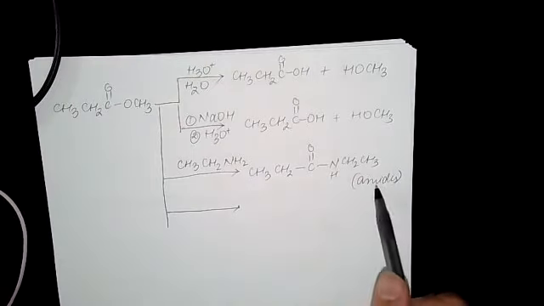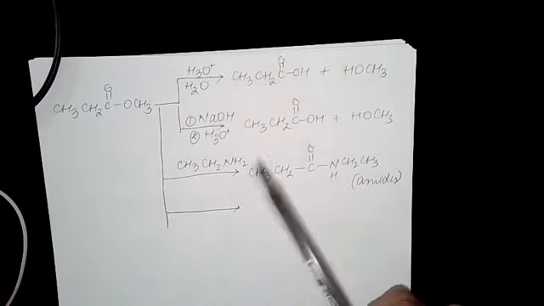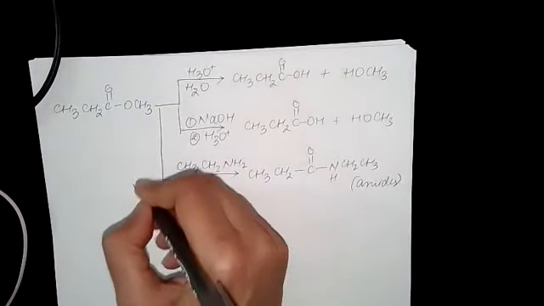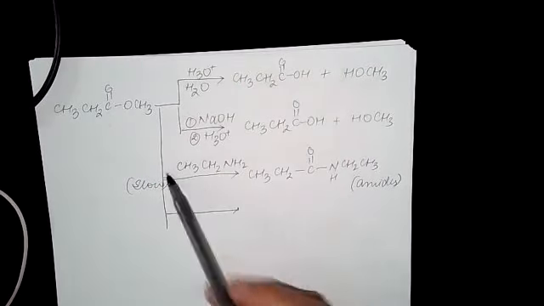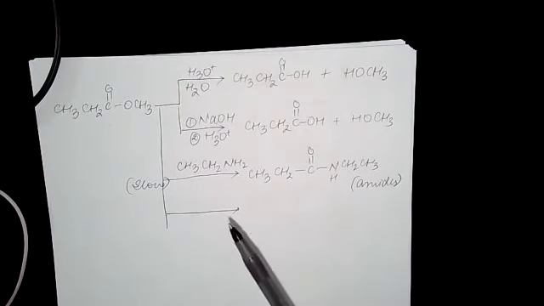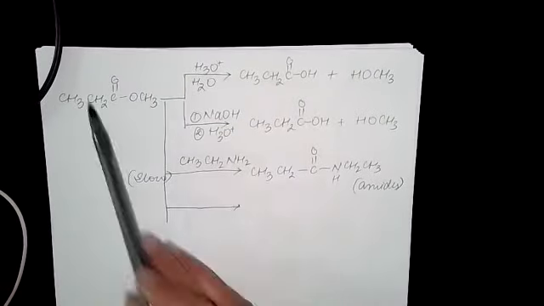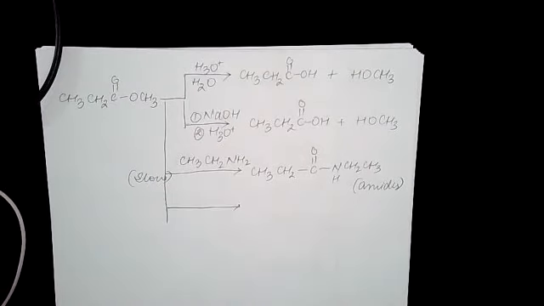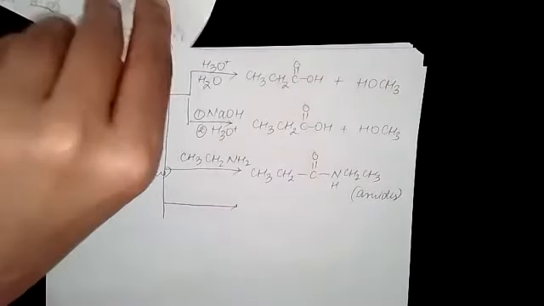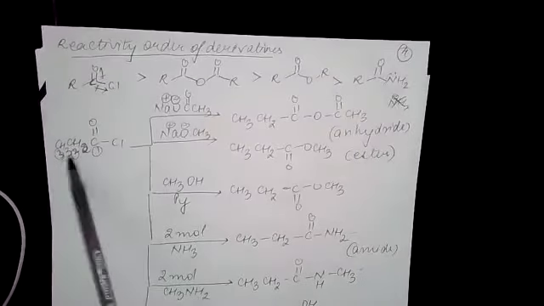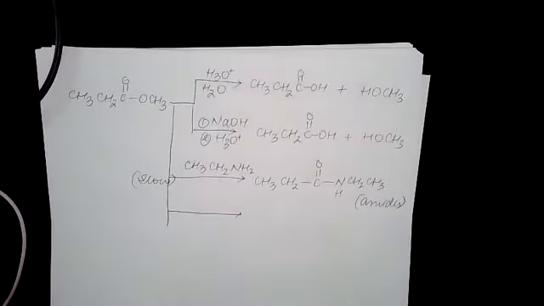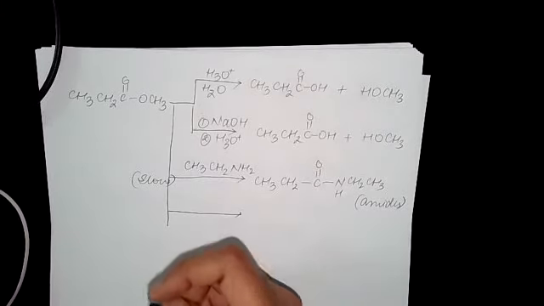We can create amides from esters, but this is going to be a slow and literally ineffective kind of synthesis. So for the generation of amides, we usually don't use this process. We generally use the acyl halide. The acyl halide in the presence of amines can generate an amide very fast.